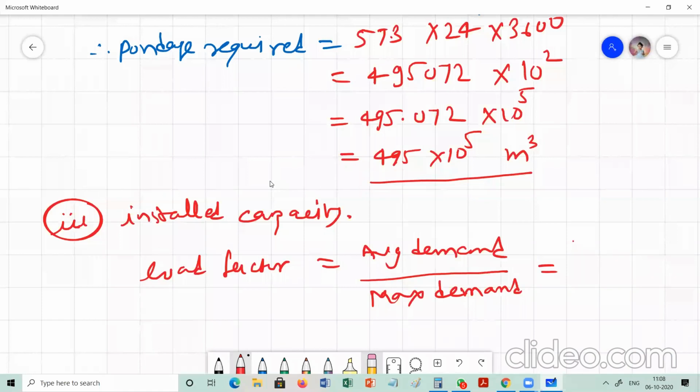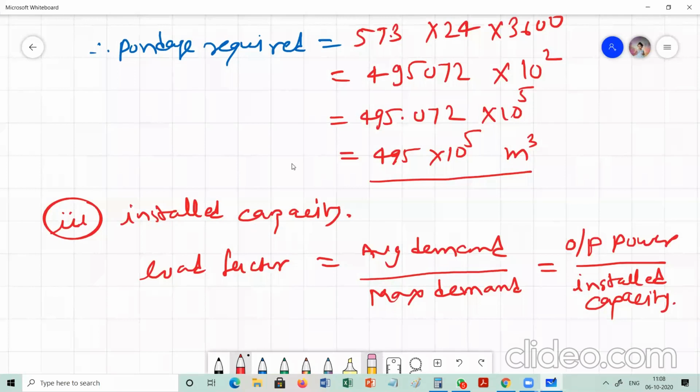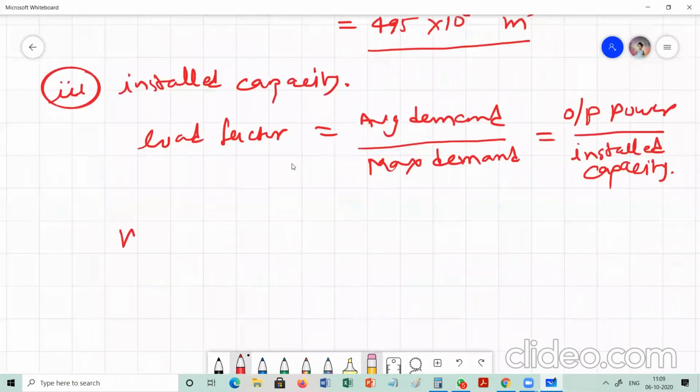Average demand means the average of actual output power, divided by maximum demand, which will be equal to installed capacity. Using the load factor formula we can calculate installed capacity once we calculate output power. For output power we can use the formula of eta overall.